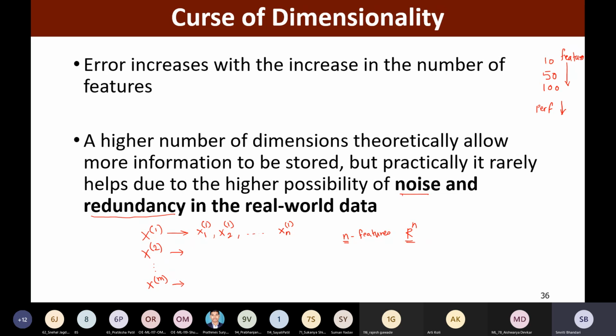But in fact, if we look at this problem practically, an increase in the number of features rarely helps. And the reason is, if we have lots of features, then it may happen that a few of the features are redundant.